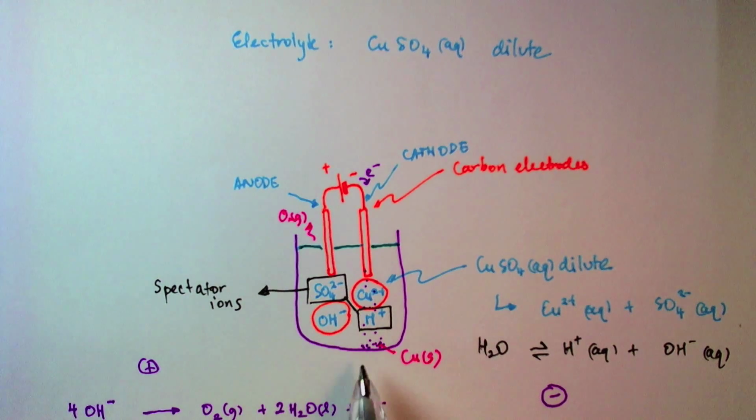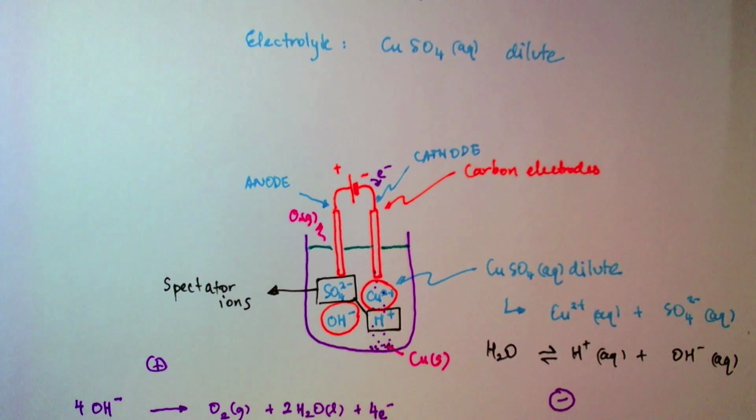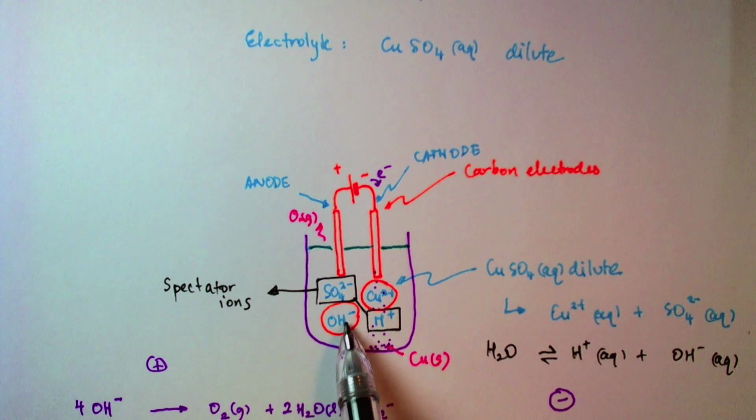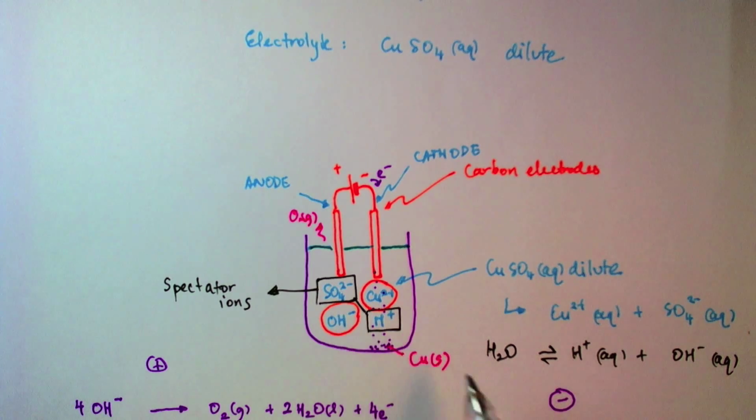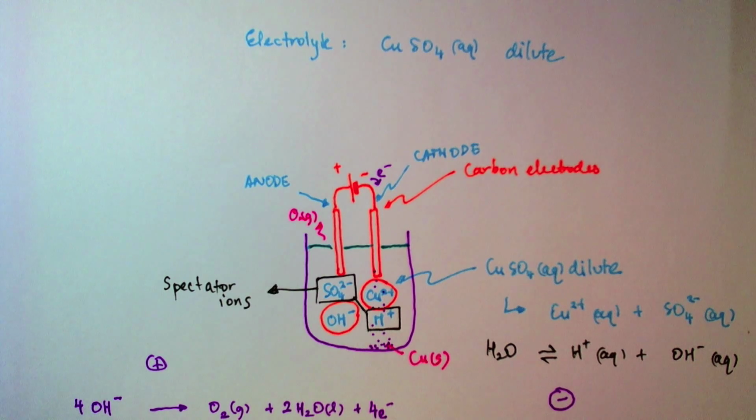Now notice that as the reaction proceeds, we have an increase in the concentration of hydrogen ions, because the copper and hydroxide are being removed, so the relative amounts of hydrogen ions will start increasing because the other species are being taken out of the solution.